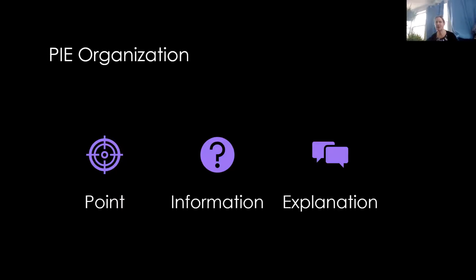That means a few pie items per subtopic. Each one of these pie items will have the point you're trying to make, the specific piece of information, your quote, summary, or paraphrase, with in-text citation that supports your point, and then your explanation. Repeat this form for each piece of information you have.